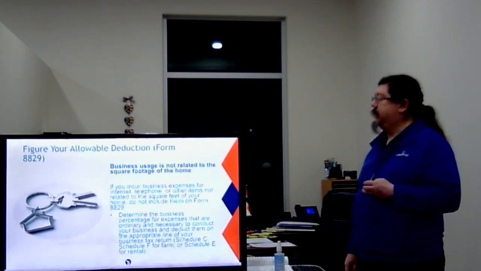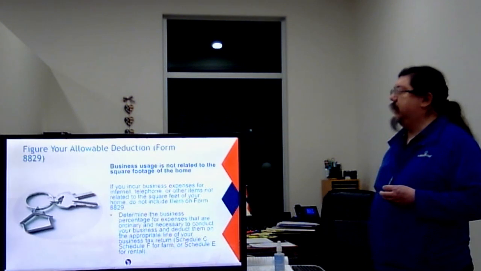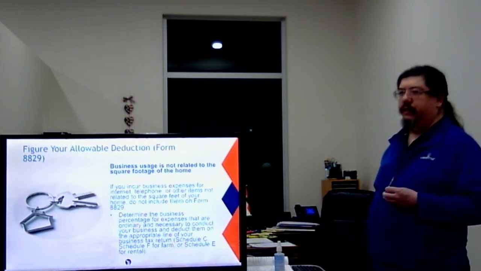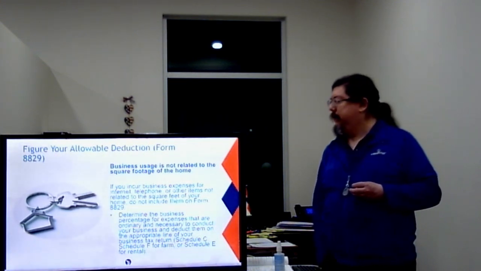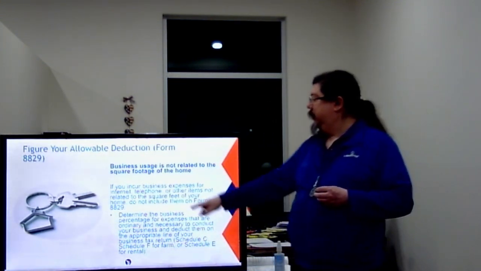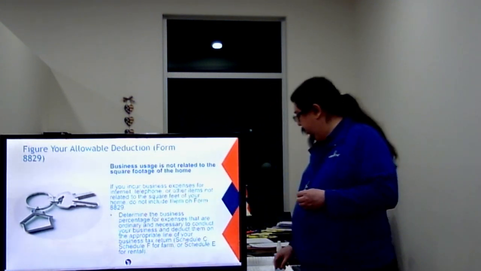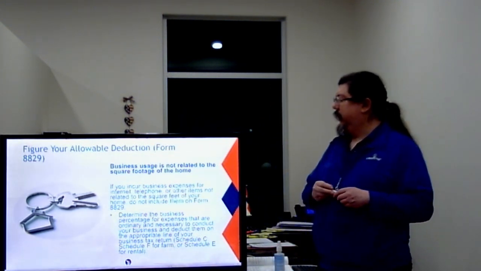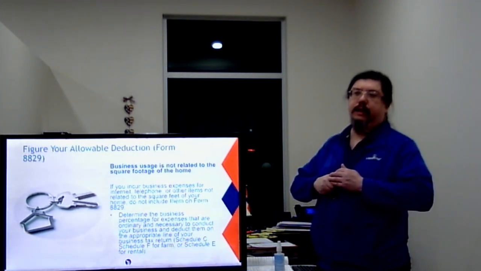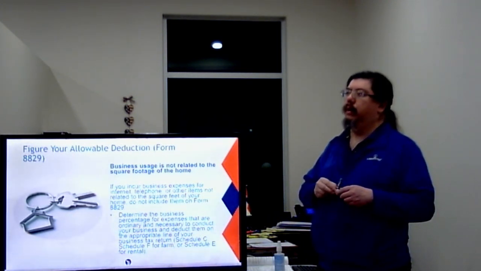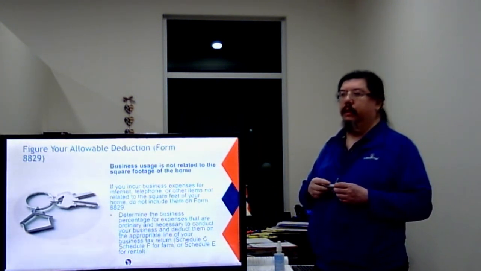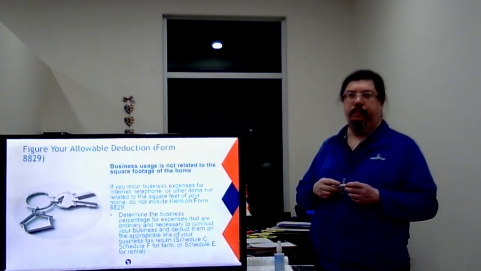And then if you have expenses that are not related to the square footage of your home, for example, home internet use or cell phone usage, telephones, a lot of people don't even have landlines anymore, but there is a rule still on the books that says no part of the first phone line in your home is ever deductible.